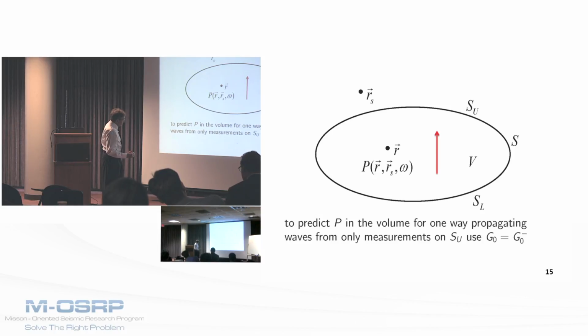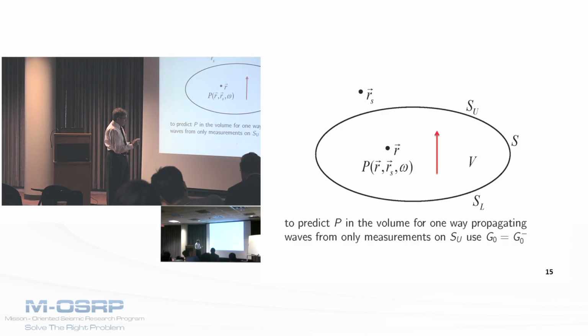Yes? If that's the case, then you can show that choosing an anti-causal Green's function for predicting a wave that's only moving up will allow only information on the upper surface to be required, because information on the bottom surface will not be called for.